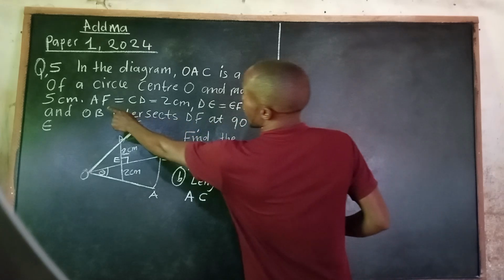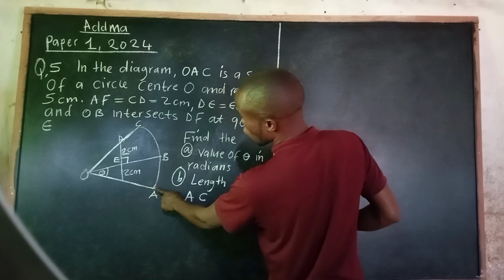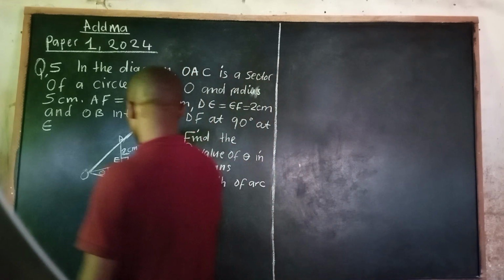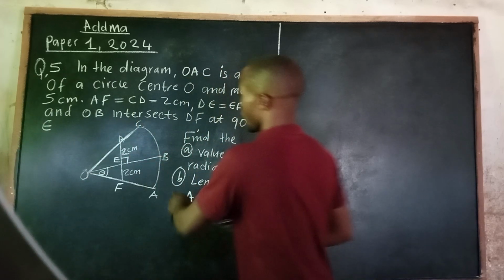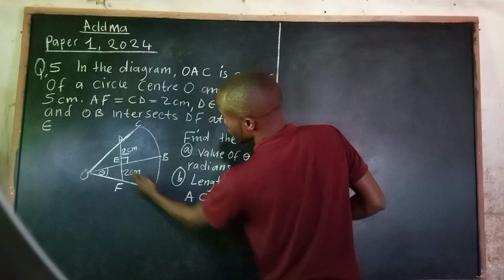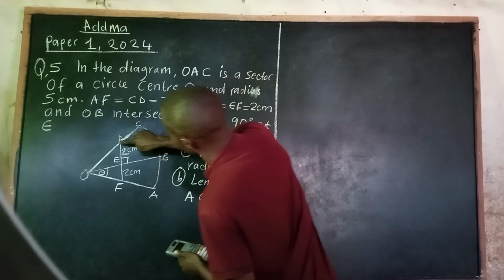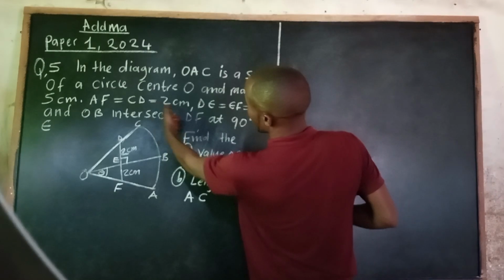Then AF, where is AF? F is here, I didn't just indicate it. AF is equal to CD. CD, where is CD? C is here, this is D. CD is equal to 2 centimeters.